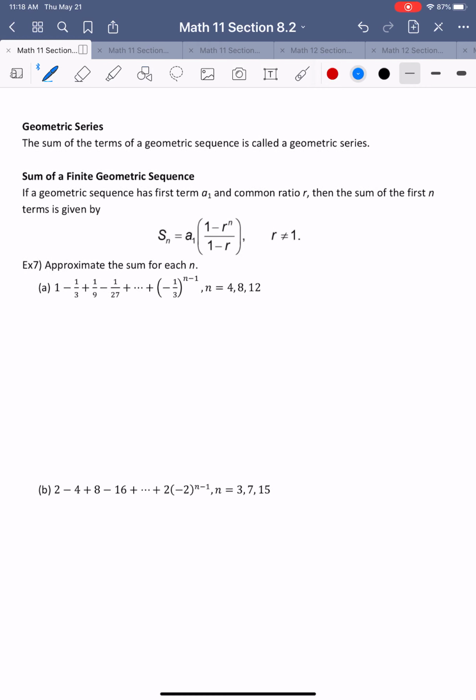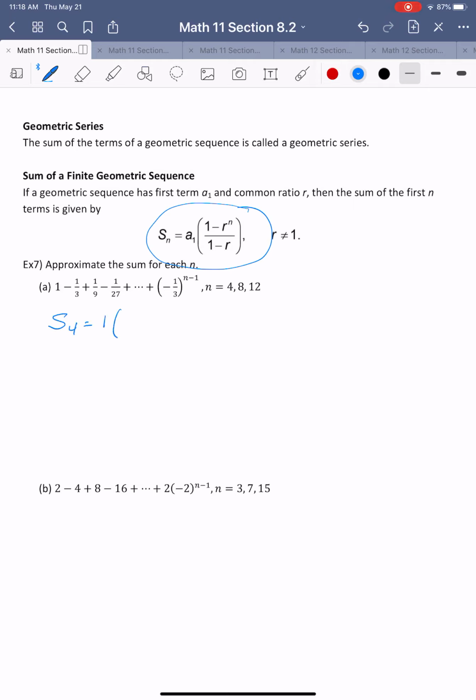Now, geometric series. Geometric means increasing by multiplying, or dividing, right? So this is the formula for that. Approximate the sum for each n. We use this formula for S sub 4, where a sub 1 is 1 times 1 minus r to the n, and r is negative 1/3 in this case.